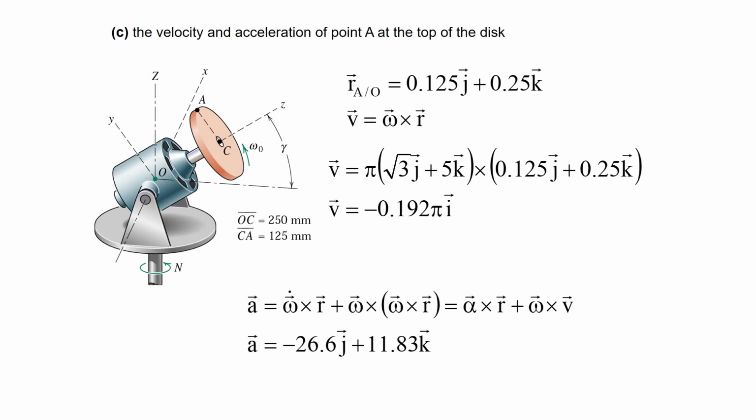We are not having any velocity here in the rotating frame. In the rotating frame, point A is fixed, right? So you can even go through that and you will get the same thing.